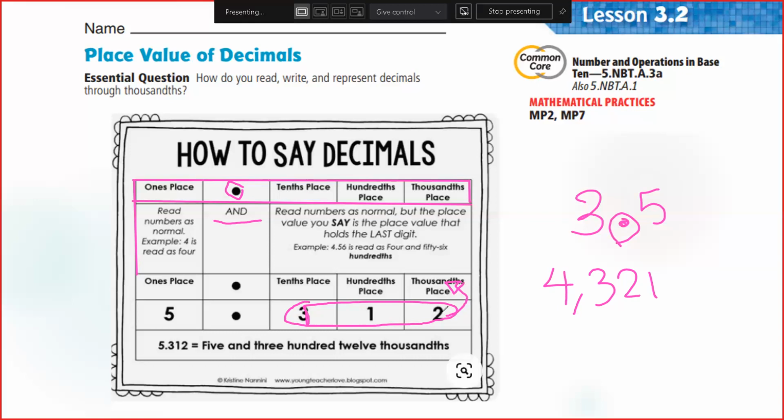I stop at the last digit, at the thousandths place, so you must write the word thousandths. If I stop at hundredths, you must write the word hundredths. Do you have any question? Okay. Now next.